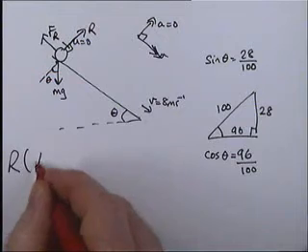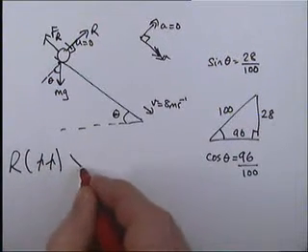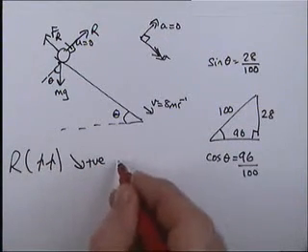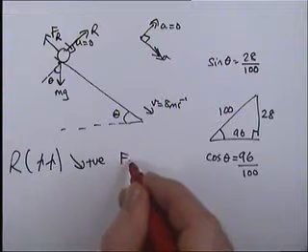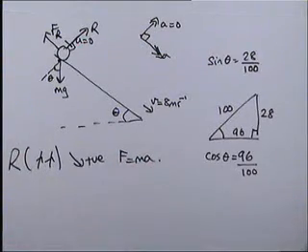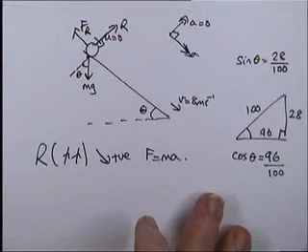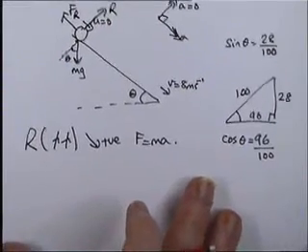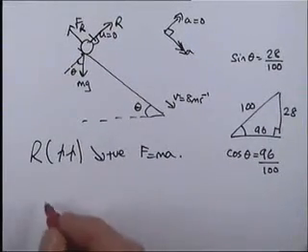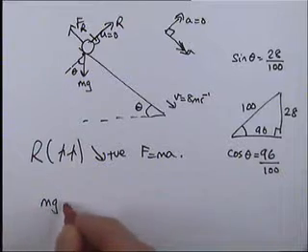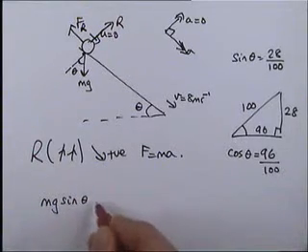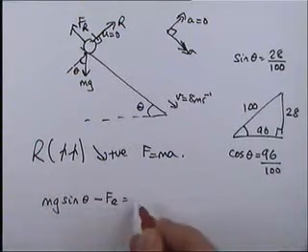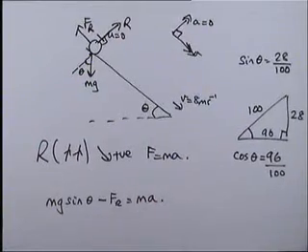So I'd like you to resolve parallel to the slope, taking down to be positive, and using F equals ma. Pause the video. Okay, well hopefully you got mg sine theta minus the friction is equal to ma.